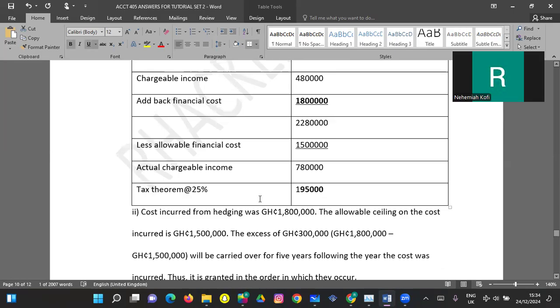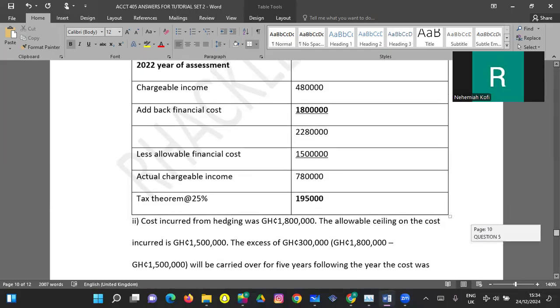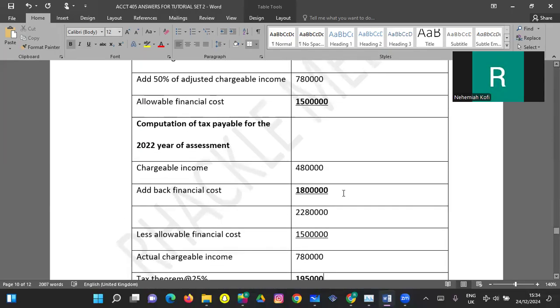Then we now find our 20% tax, which is 195,000, right? Remember that the only difference here is that when we are computing our tax payable, our financial gain is already included. So we only include our financial gain in here.